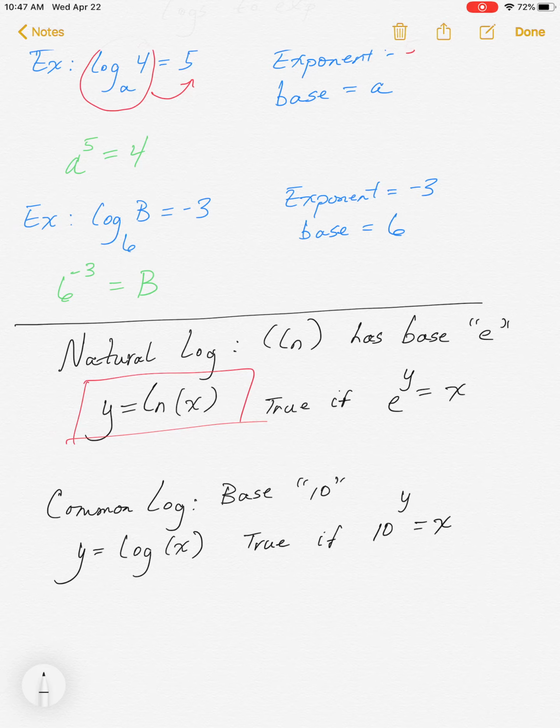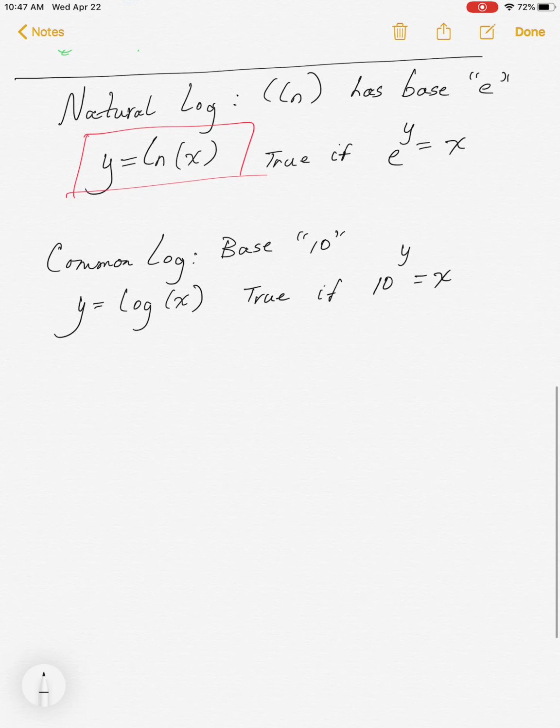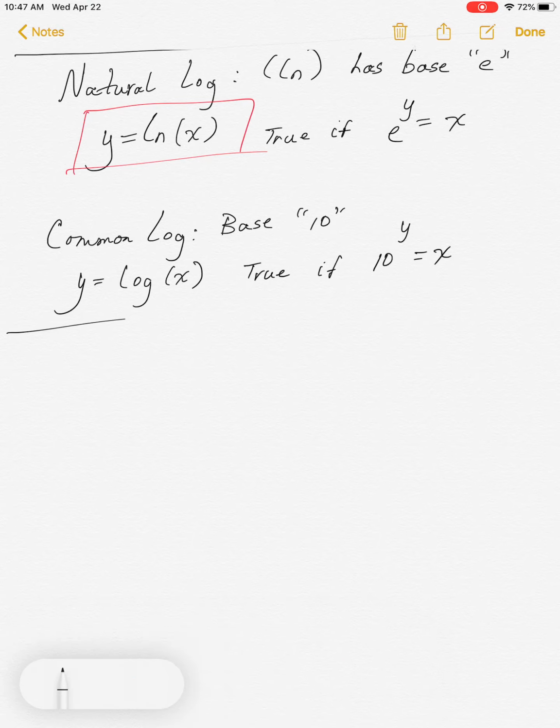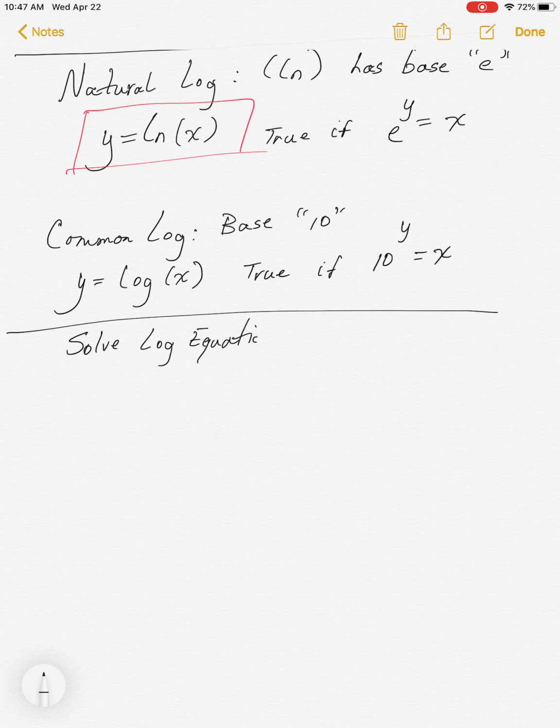Alright, so let's solve some problems and get out of here. Finally, solving some equations. We'll solve log equations, and you will solve these by converting. Your first example: you have log base 2 of 2x plus 1 equal to 3.